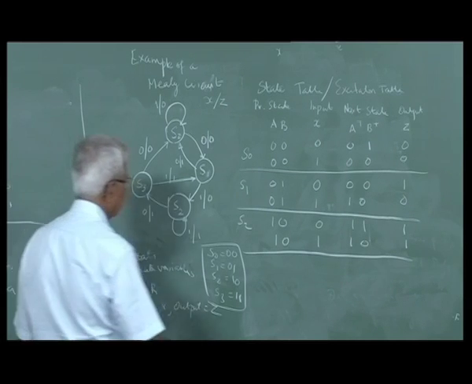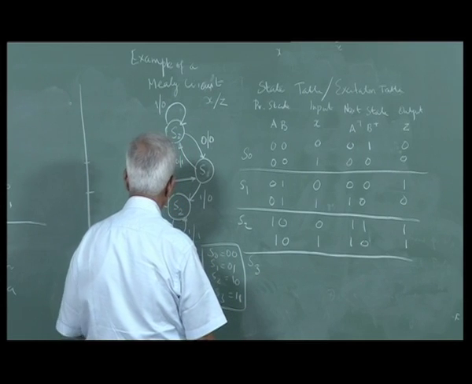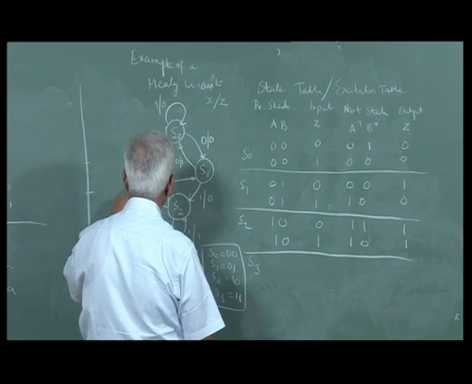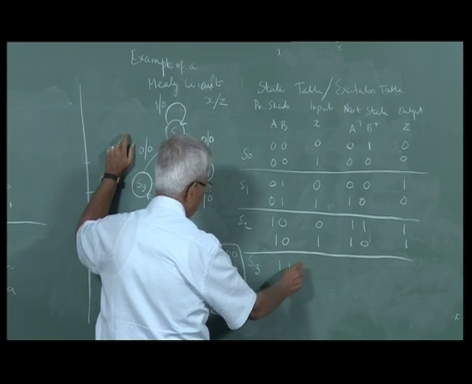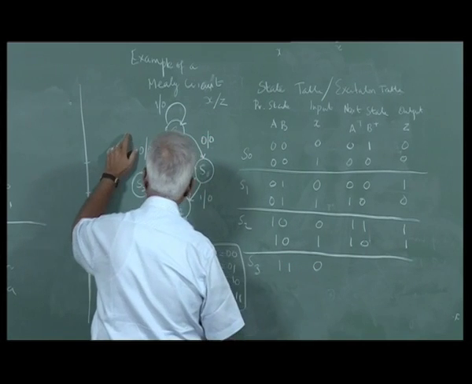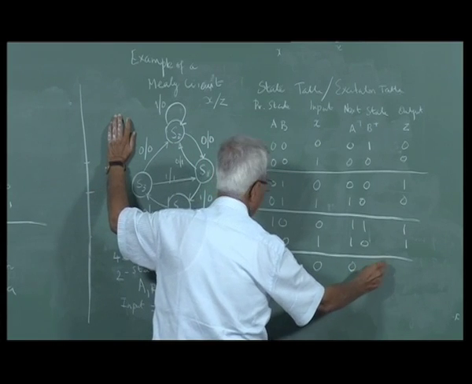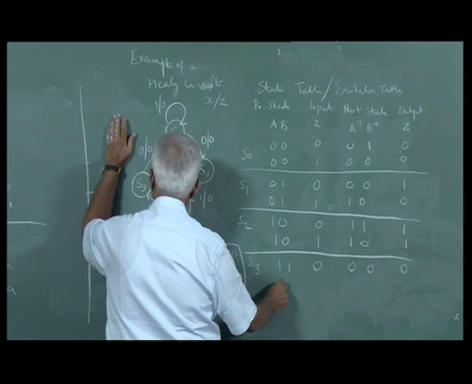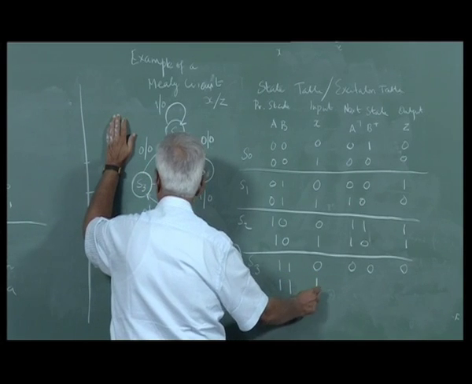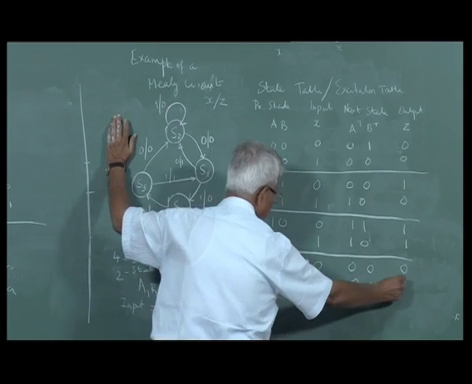S3: in S3, if the input is 0, it goes to 0 0, output 0. If in S3 the input is 1, it goes to 0 1, and produces an output of 1.